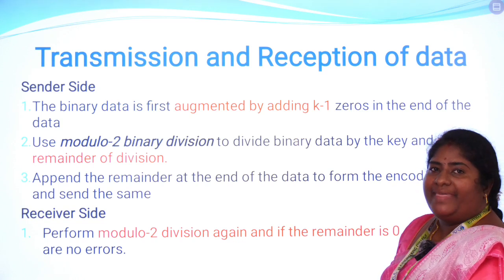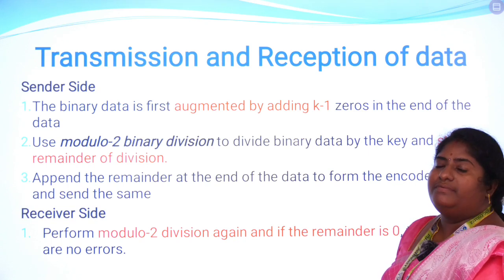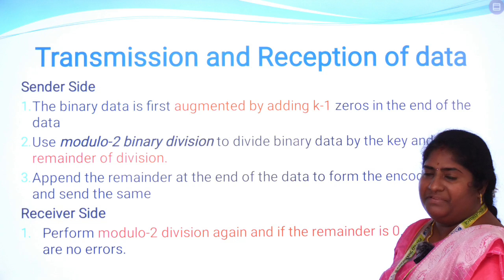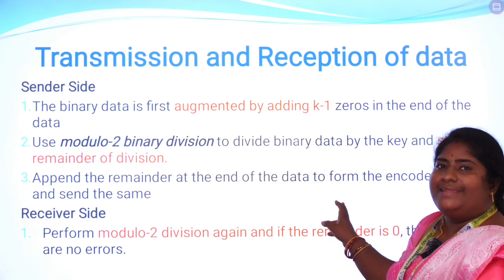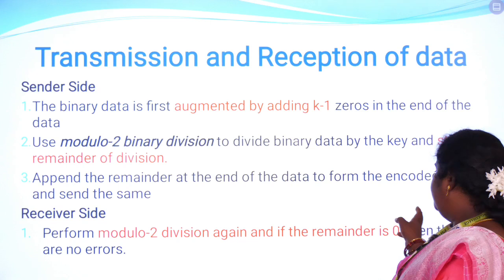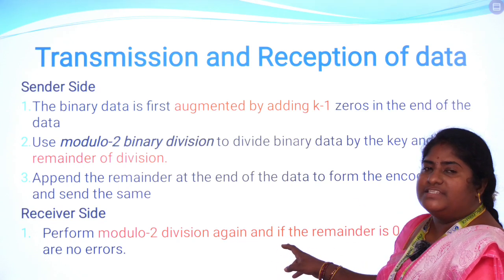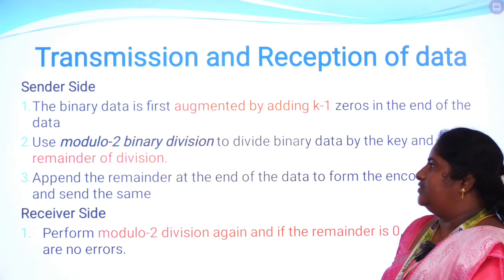Then we append the remainder at the end of the original data that we are going to transfer. At the receiver side, the same modulo 2 division will be done, and if it gets the remainder as 0, the data will be accepted. If the remainder is not 0, the data will be discarded, assuming that interference has occurred in the data transfer.